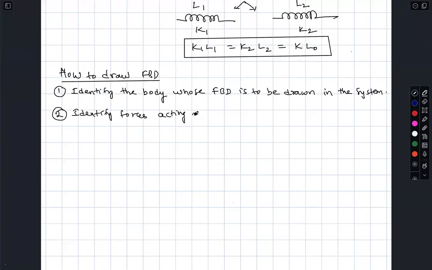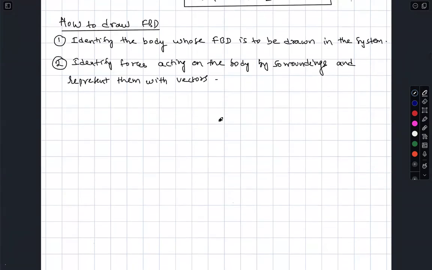Identify forces acting on the body by surroundings, and represent them with vectors. That is the second point.